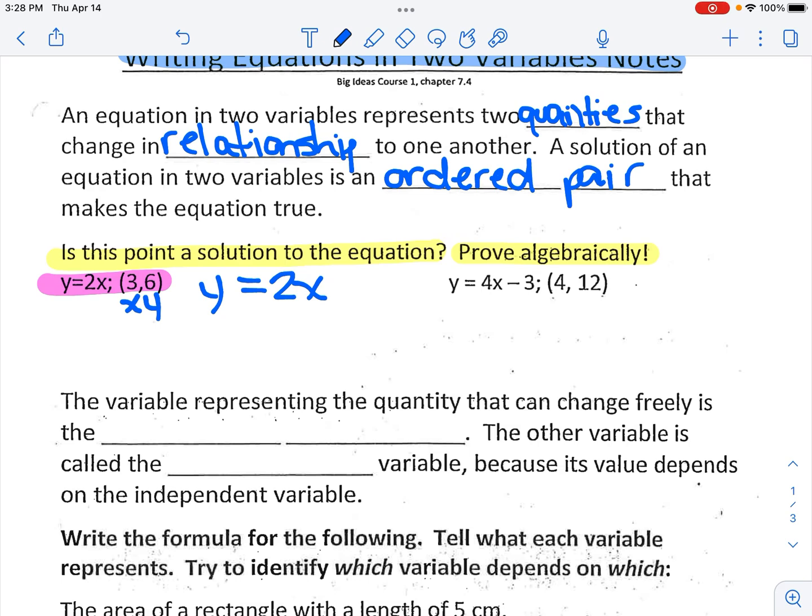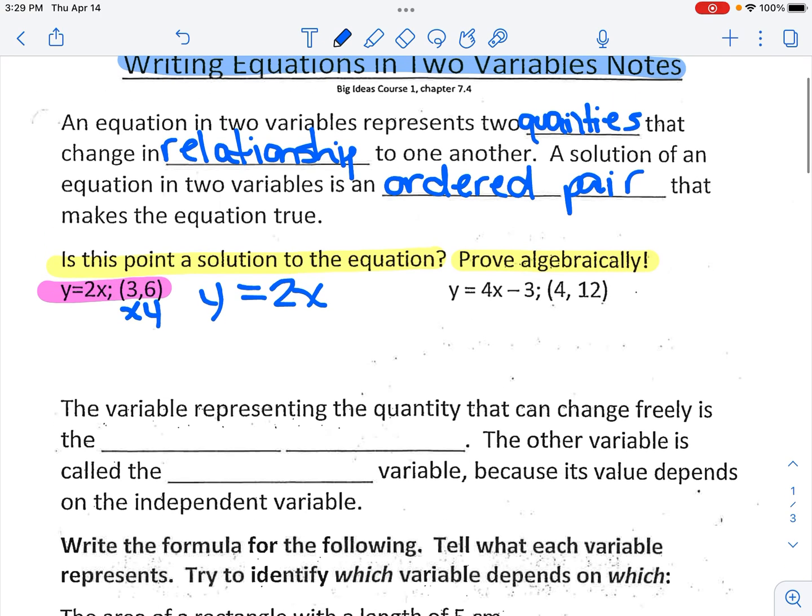Now I'm going to substitute. I'm going to put my 6 in place of y equals 2 times x. I'm going to put my 3 in place of x. 2 times 3 is 6. And 6 equals 6. So your final answer would be yes.